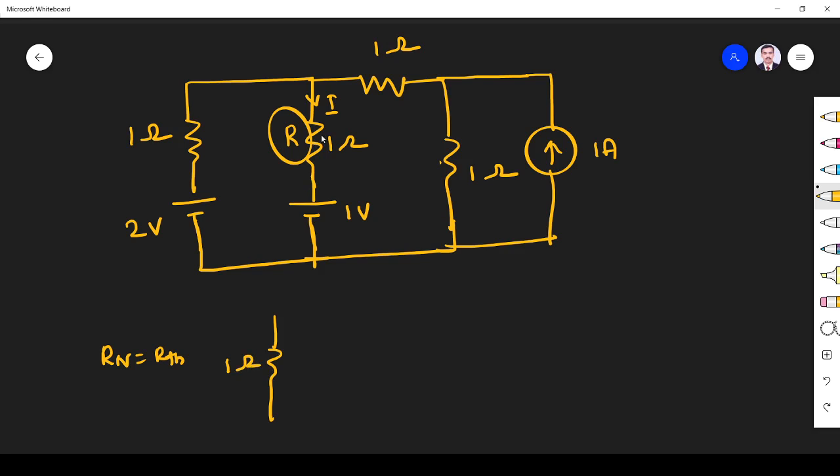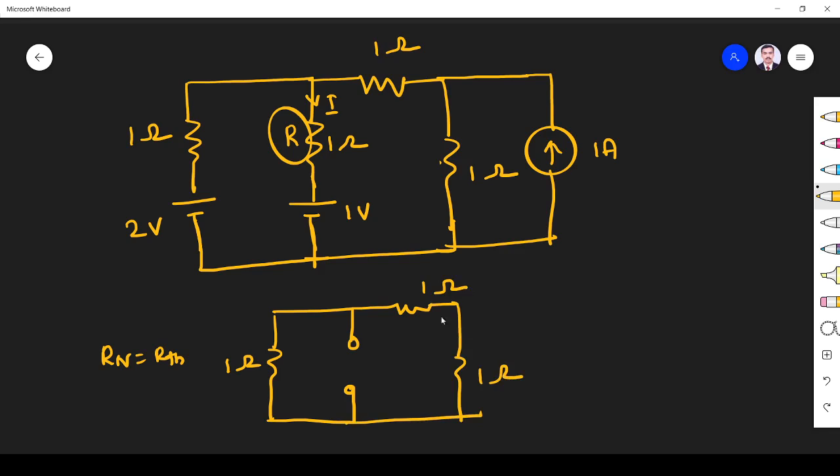Next I have to short this. I have to remove this and I have to short this. So this will not come into the picture, right? Whenever you have to find R Thevenin, that resistor must be removed. This is shorted, I remove. This is 1 ohm. This is 1 ohm. So what is R Norton?